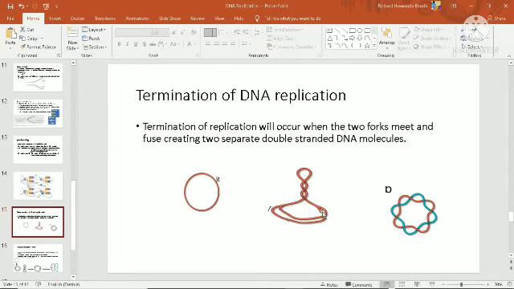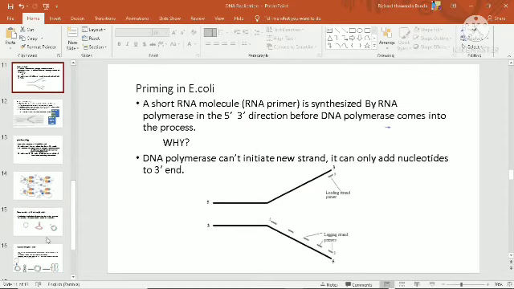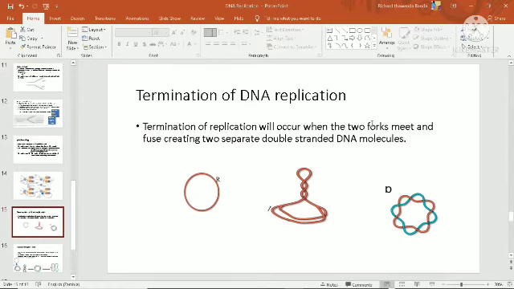So it will cut there, and the two strands will fuse in such a manner. In this slide, the term used is growing forks.